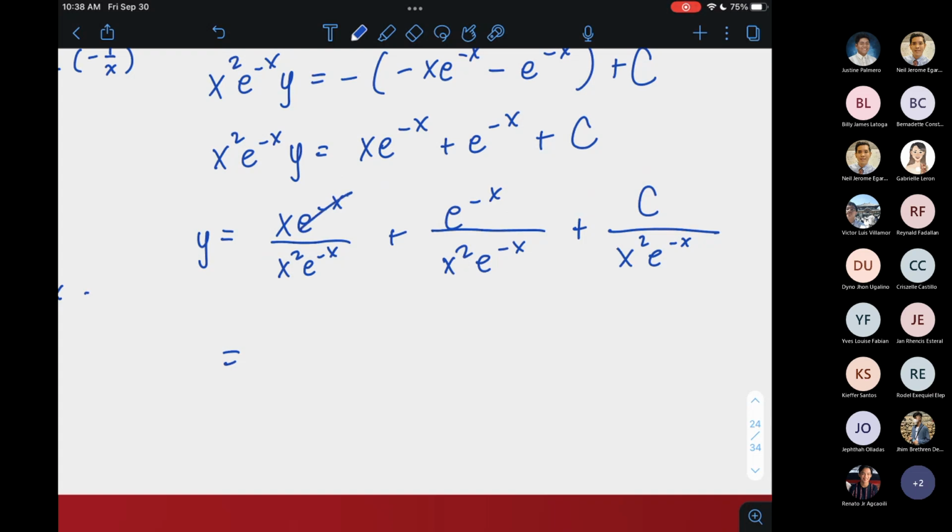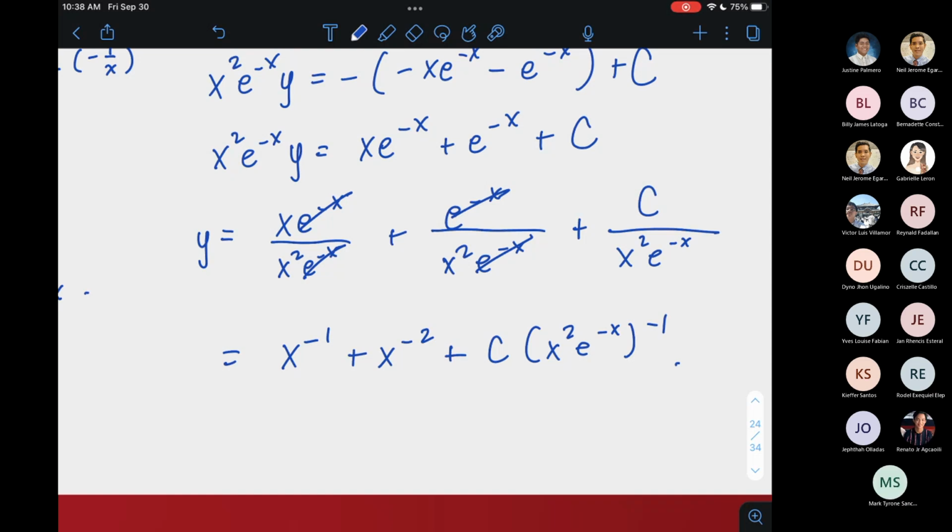Yeah, this is canceled by that. So we'll just have x to the negative 1. Then here, this will be canceled. Plus x to the minus 2, plus c times x squared e to the minus x raised to the negative 1. Okay? And that would be our final answer.